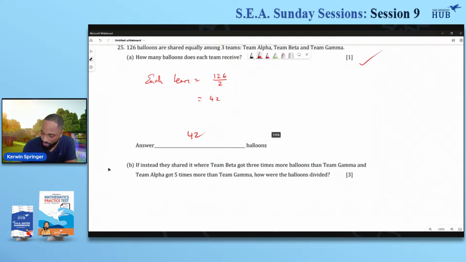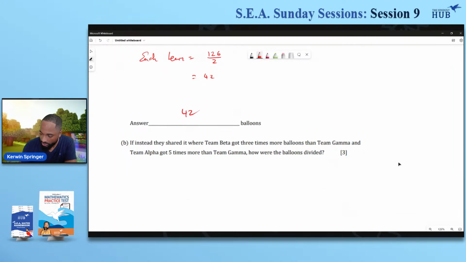If instead they share it with Team Beta getting 3 times more than Team Gamma. Gamma here. Beta here. In the next line, tell me what I need to change. Team Alpha got 5 times more than Team Gamma. If that's 5 times more than this, and I draw 15, which is crazy.